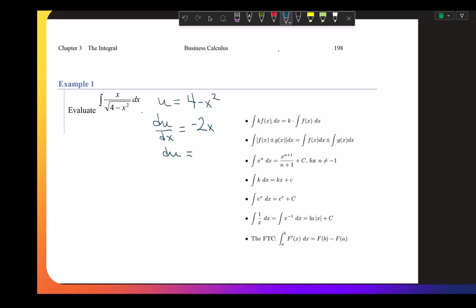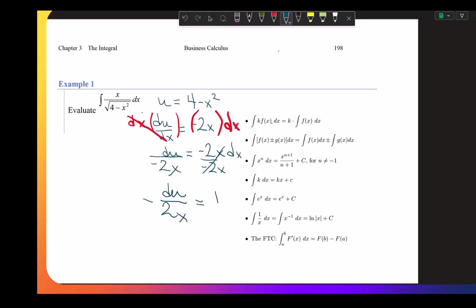I can say du is equal to minus 2x times dx, multiplying both sides by dx. If I want to solve for dx, I would divide both sides by minus 2x. This would cancel, and negative du over 2x is equal to dx.